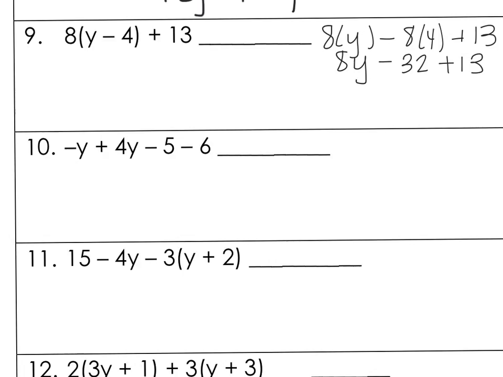Luckily for you, my like terms are already together. So I have 8y. In your calculator, you need to take negative 32 plus 13, which gives you negative 19.